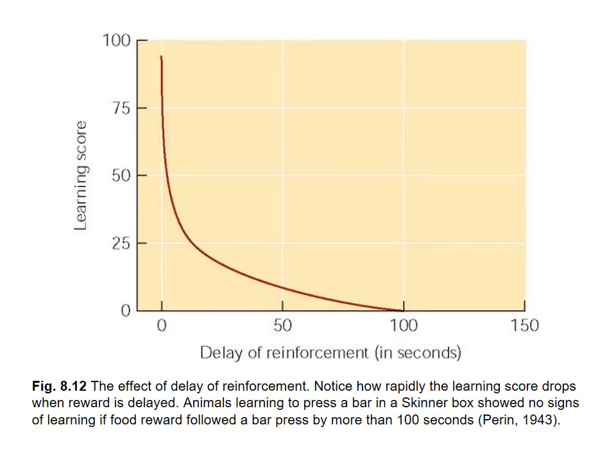Skinner did this exact same thing with pigeons, and he looked at time and delay. The pigeons would have pecked or pushed a response bar, and they would have then been given a delayed reinforcement. The food would have been presented to them after a certain amount of time.